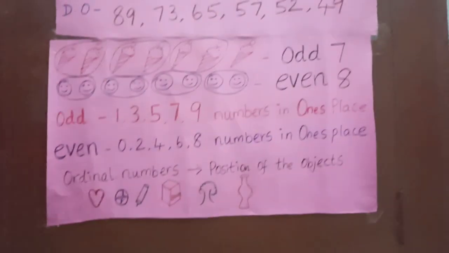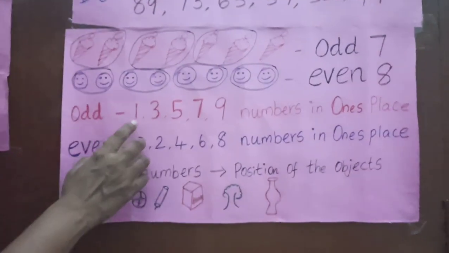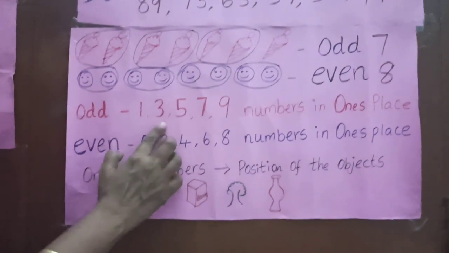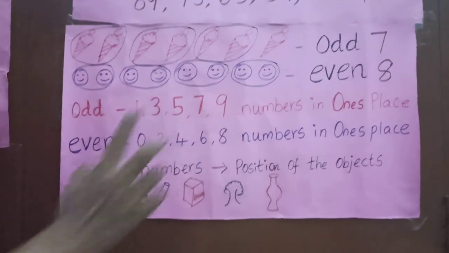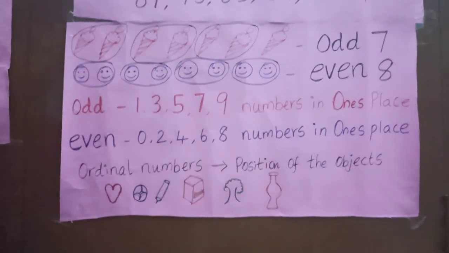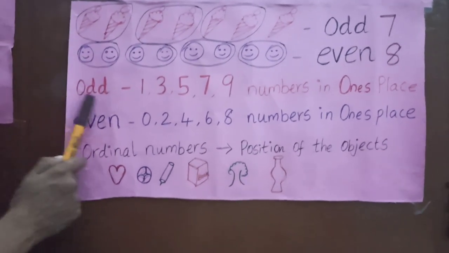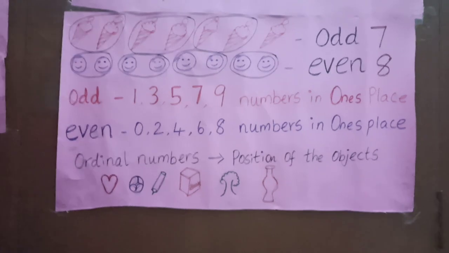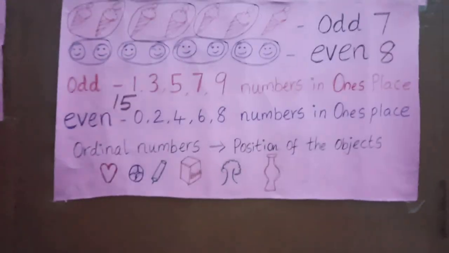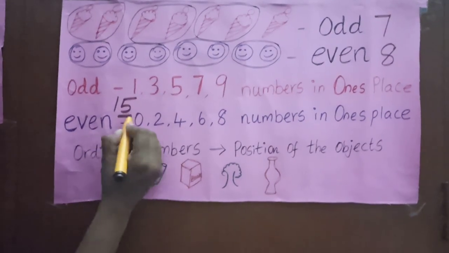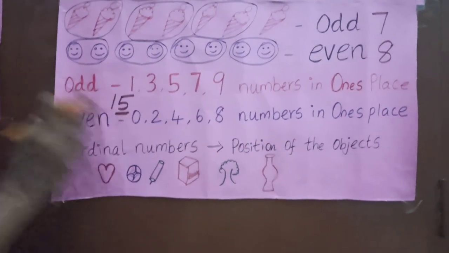Listen carefully. If the ones place has the digits 1, 3, 5, 7, 9, these numbers are called odd numbers. If I give the number 15, see the ones place. The ones place is 5.